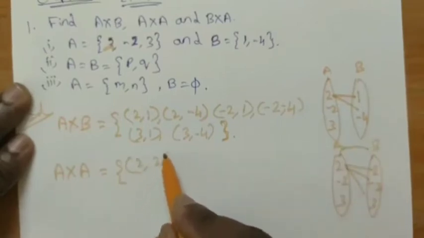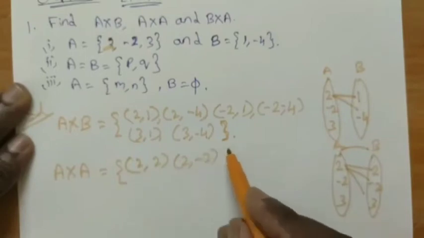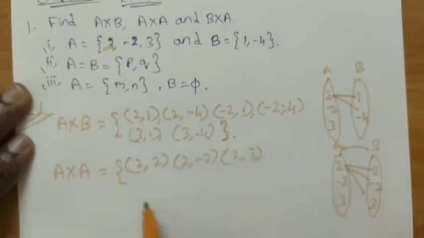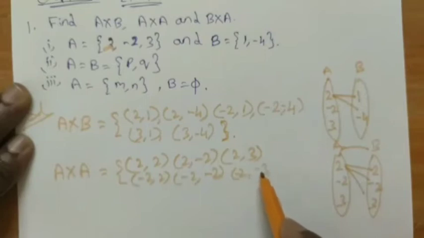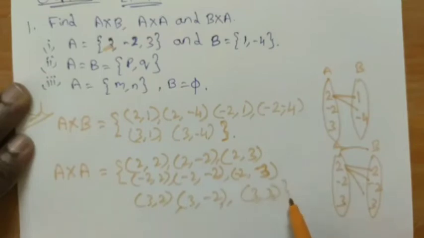So (2, 2), (2, -2) and then (2, 3). Then select the next number: (-2, 2), (-2, -2) and then (-2, 3). The last one is (3, 2), (3, -2) and then (3, 3). This is A cross A.